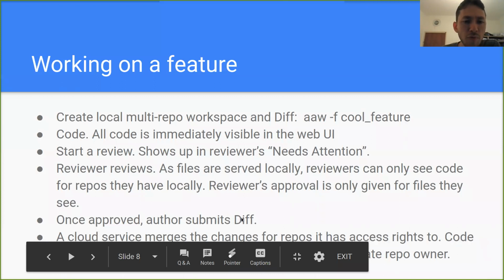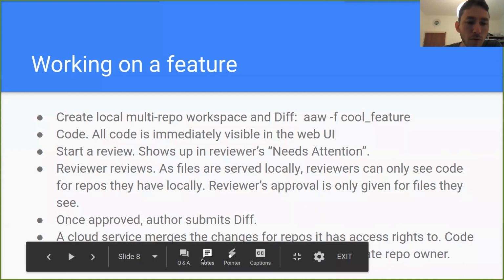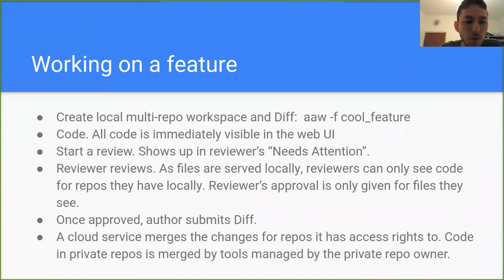Once everything is approved, you can submit as the author, and a cloud service merges the changes for the repos it can. Code in private repos is merged by tools that are owned by the private repo owner because we don't have access. We don't even know they exist actually.